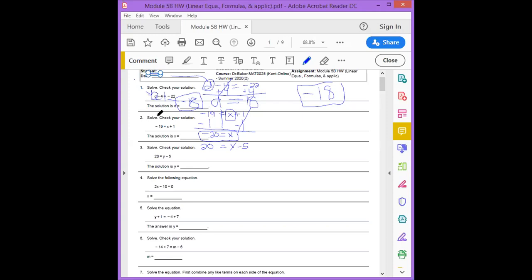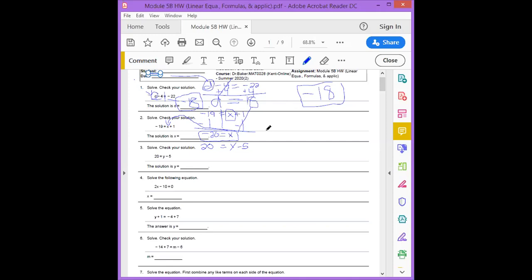Now, the second part of these problems tells you to check the solution. As you can imagine, if you figure out that the value of x is equal to negative 20, then in order to check that, you would just substitute into the original equation. Check and make sure that when I substitute negative 20 here and add 1, does it equal negative 19? And it does.